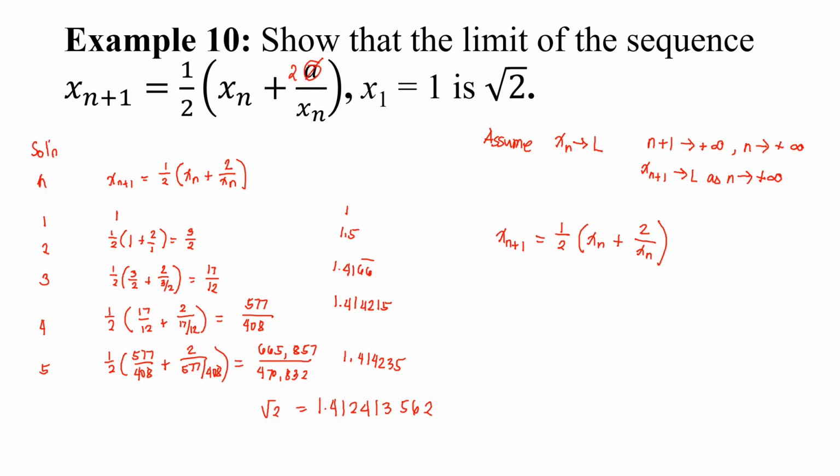So if this is the case, we now know that x sub n plus 1 approaches L as n approaches positive infinity. Therefore, we could now replace this with the limit. So the limit of x sub n plus 1 is L as n approaches positive infinity, which is equal to 1 half times the limit of x sub n, which is L, plus 2 over the limit of x sub n, which is L also.